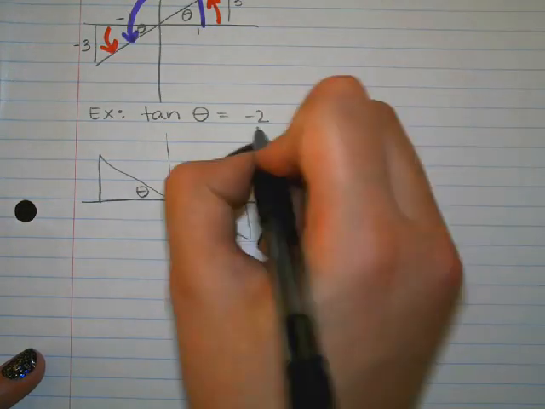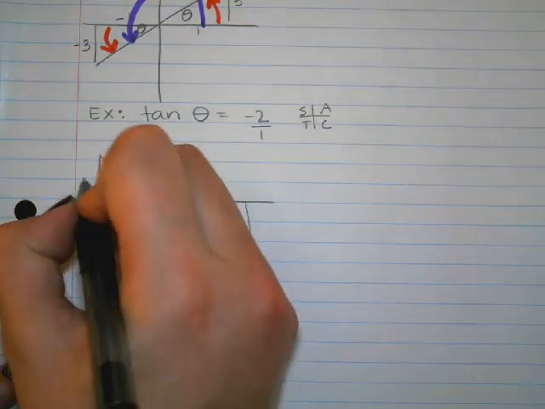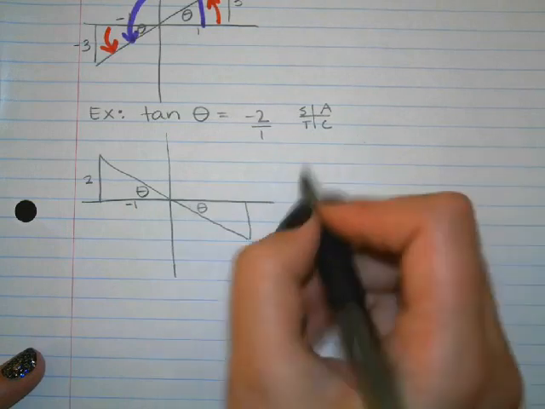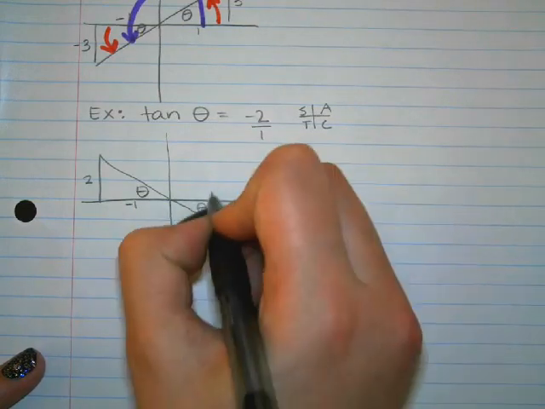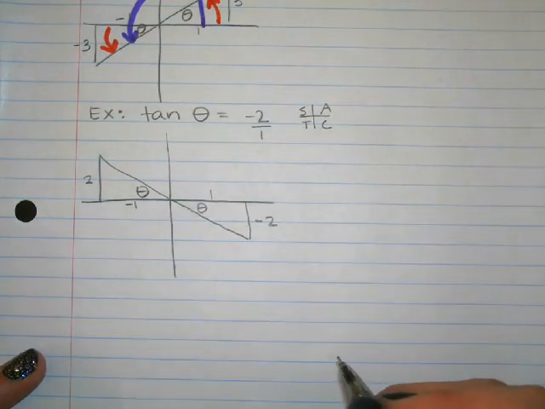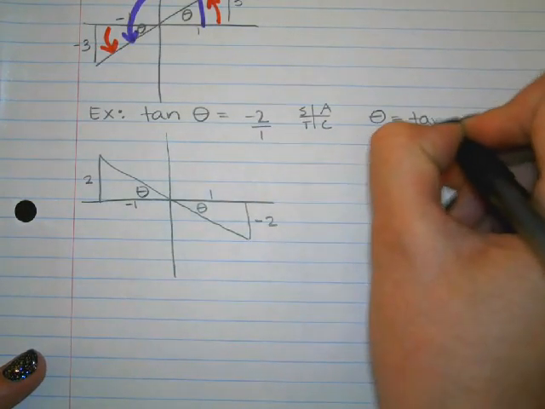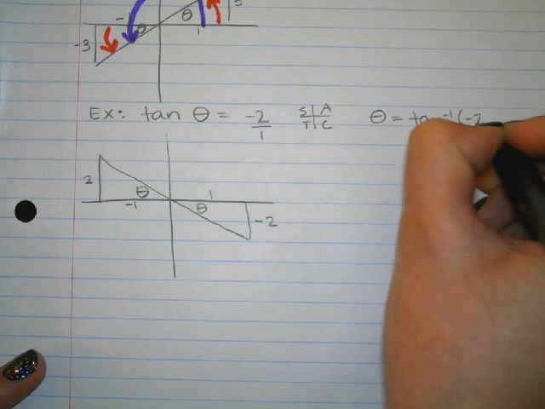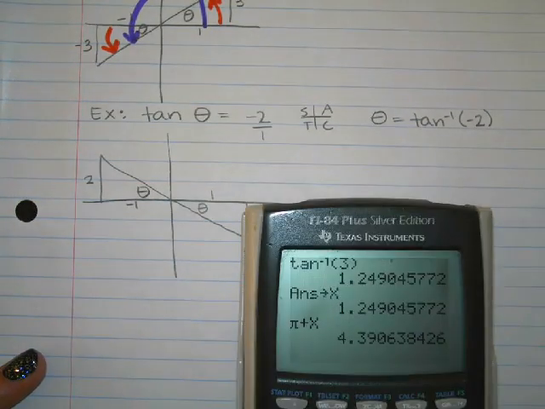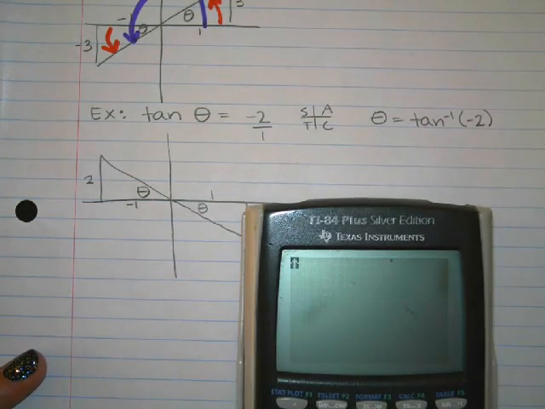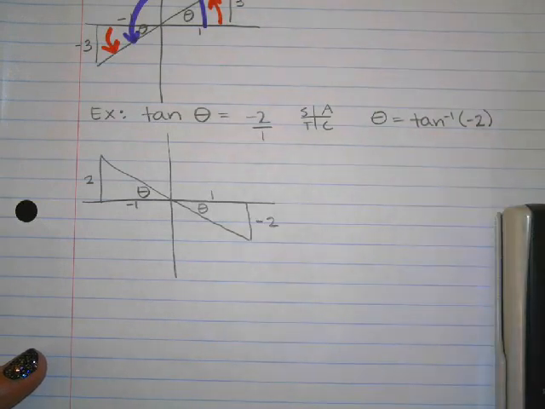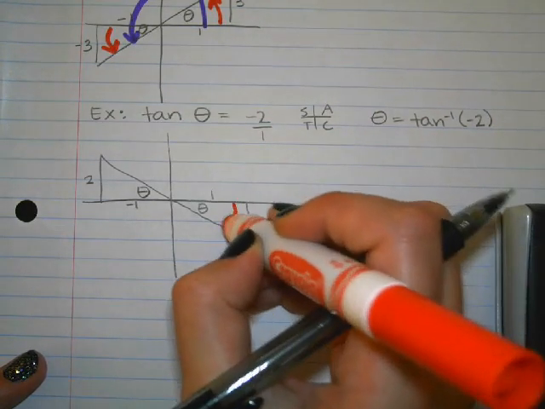So we have opposite over adjacent, opposite over adjacent. So theta is going to be tan inverse of -2. And it gave us the negative version of the angle. So it gave us this angle right here.